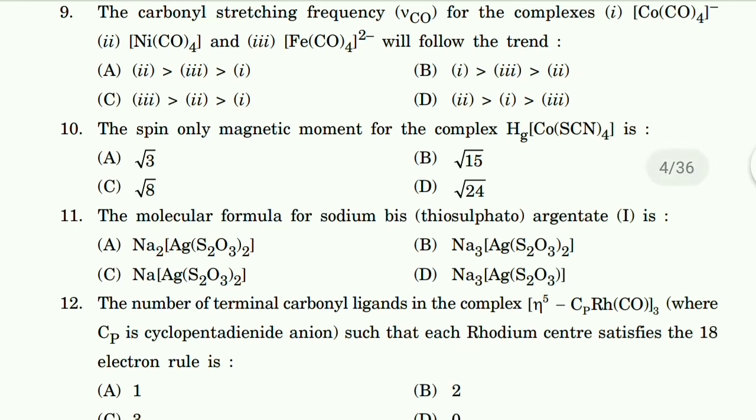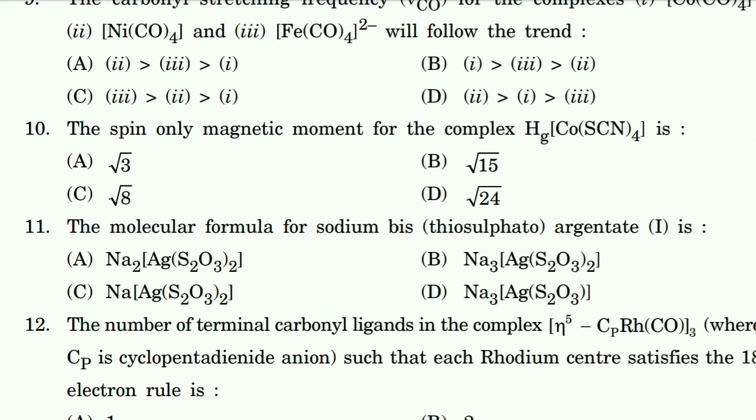Question number 10. The spin only magnetic moment for the complex Hg[Co(SCN)4], where thiocyanate is a weak field ligand and SCN has a -1 charge. So the cobalt is present in the +2 oxidation state in this complex, so the total number of unpaired electrons present in this complex is, that is a d7 case.